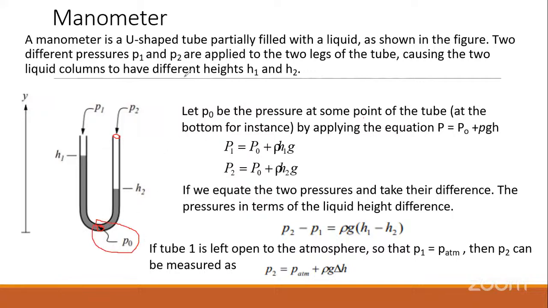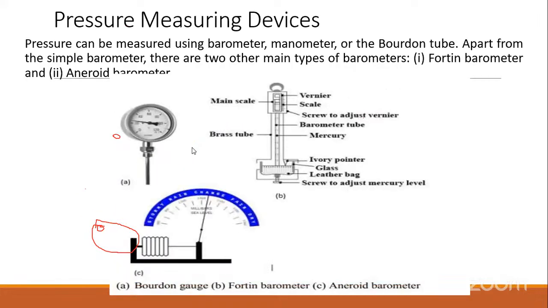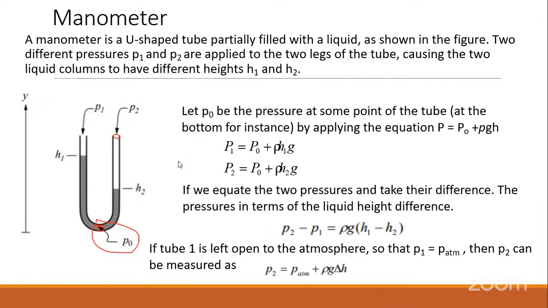Now, if we apply the previous equation in the previous slide here, where we have absolute pressure is equal to atmospheric pressure plus the gauge pressure, if we apply that formula to each arm of the tube, we are going to have the expressions you have there.